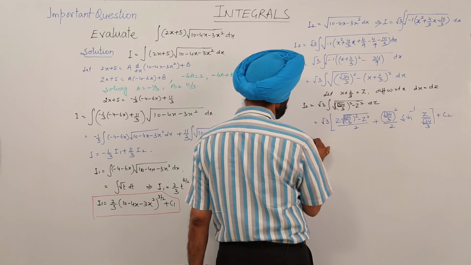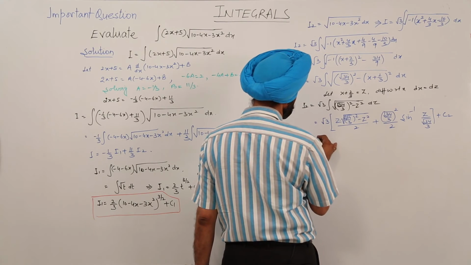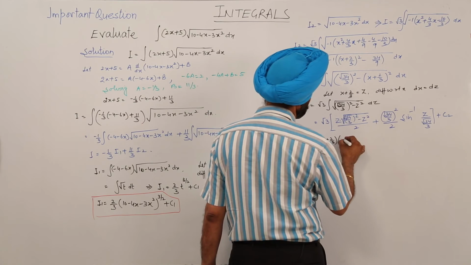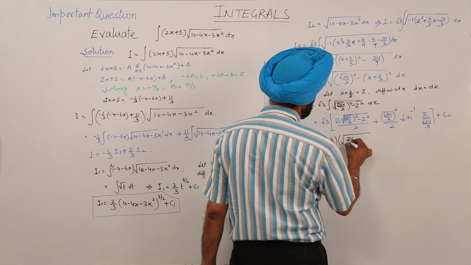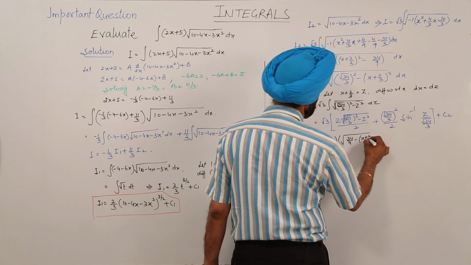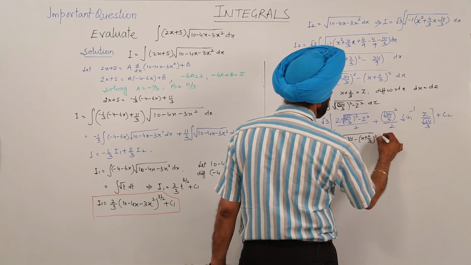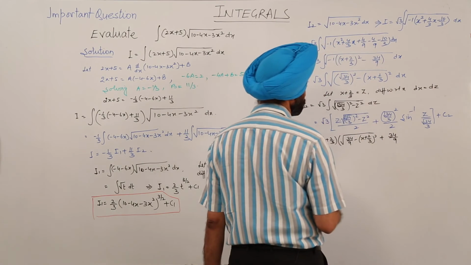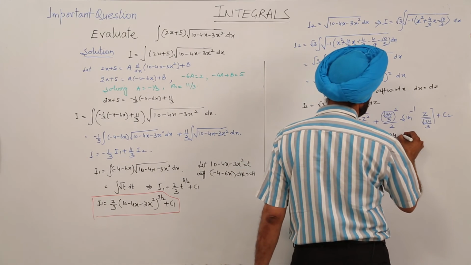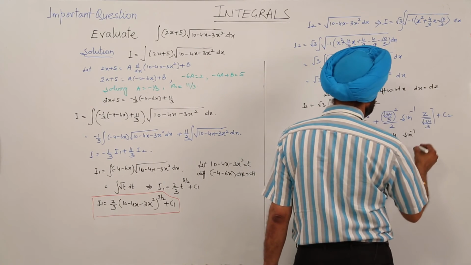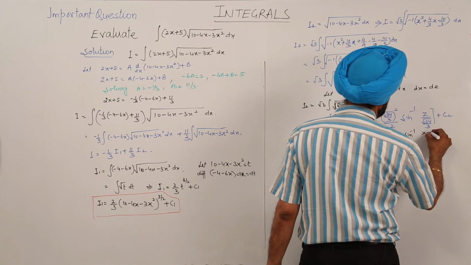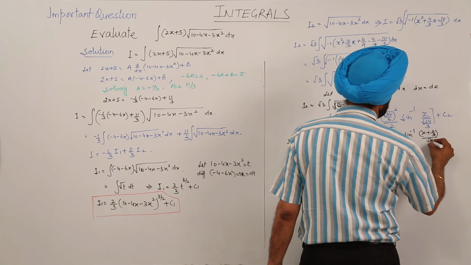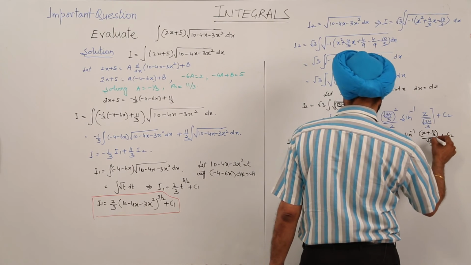So I2 is equal to root 3/2 times (x + 2/3) times the square root of 34/9 - (x + 2/3)² plus 34/9 sine inverse of (x + 2/3) over √34/3, plus C2.